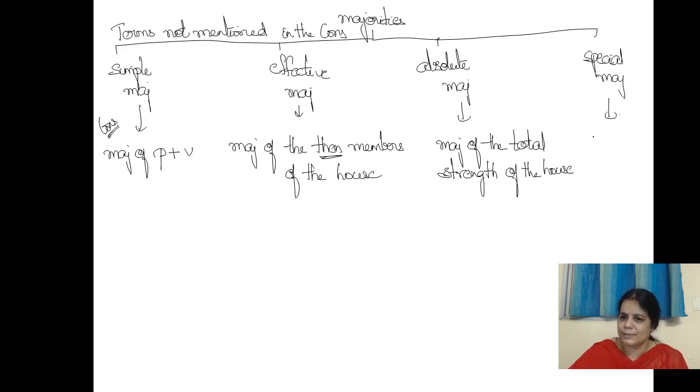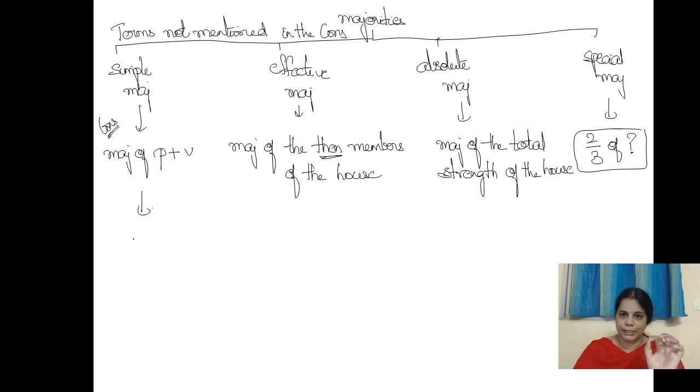In India, the special majority will be 2/3. But 2/3 of what will be determined by the provision. I will explain special majority a little later. First, let's finish off with simple, effective, absolute. Now, let me tell you where we use all these majorities.